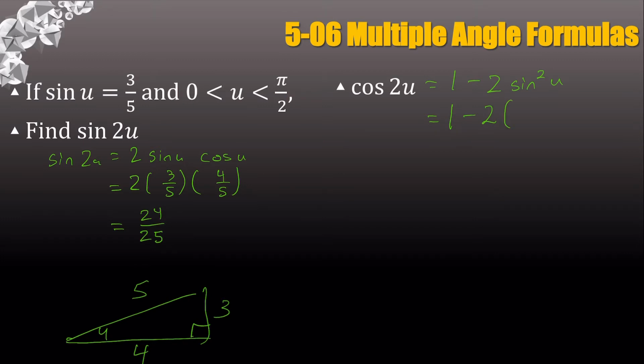Well, sine of u is 3/5 and it's squared, so it'd be 1 minus 2 times 9/25. So it'd be 1 minus 18/25. Need a common denominator. So it appears to be 7/25.